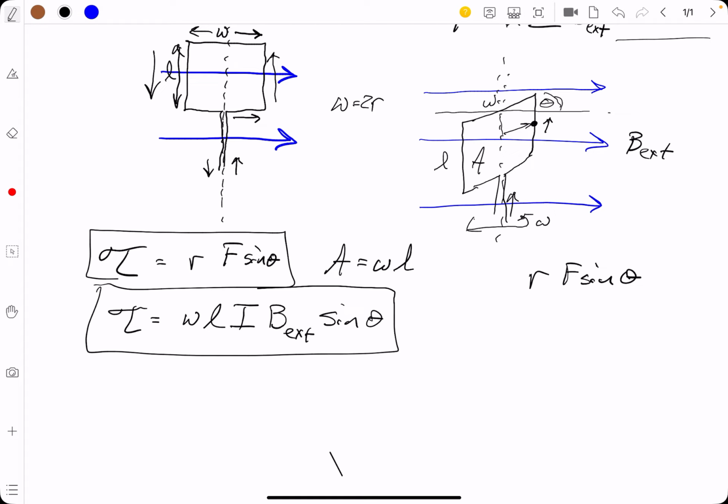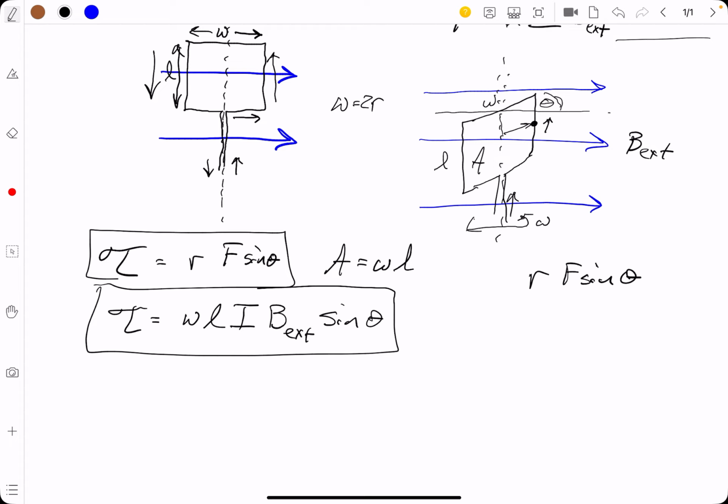And this is going to lead us to how we can get motors and generators, right? We've got things in a B field that are spinning around that's going to either be a motor or it's going to be a generator.